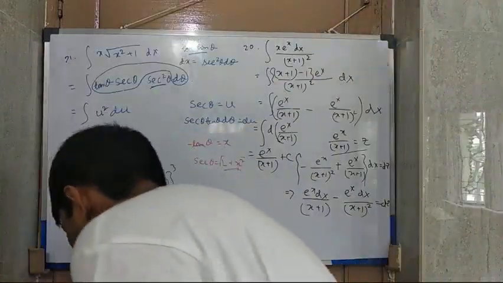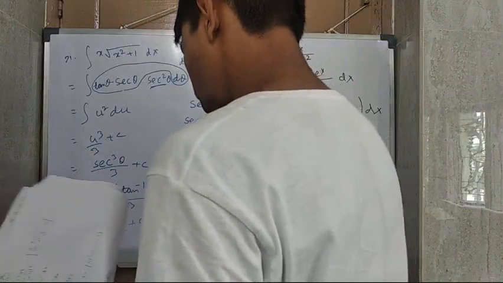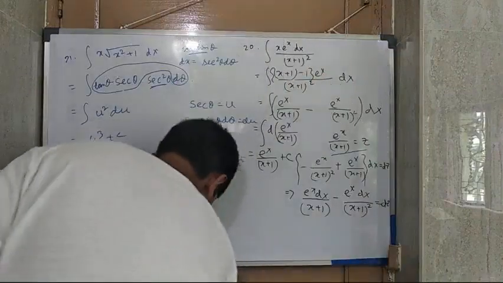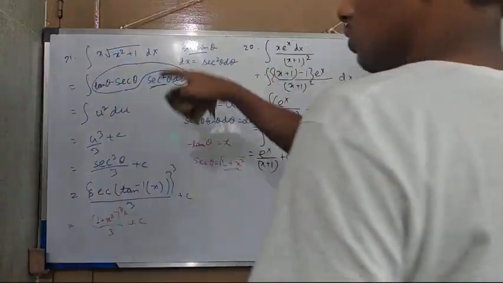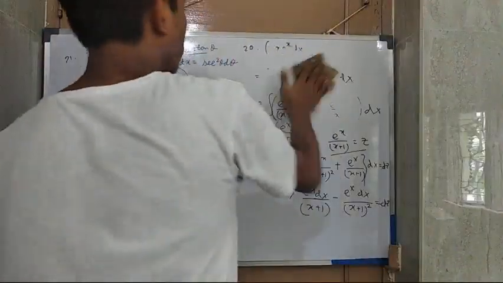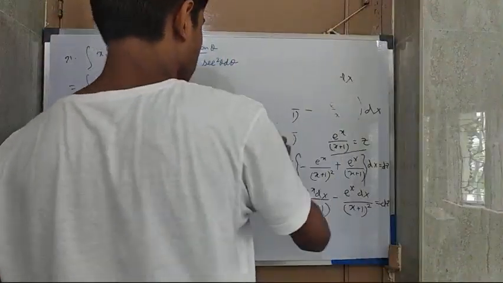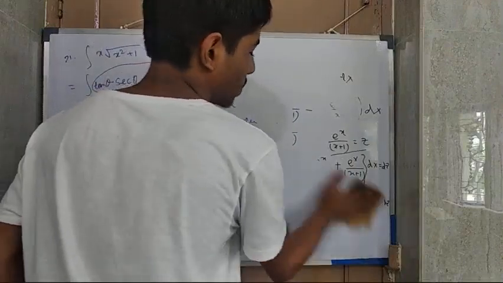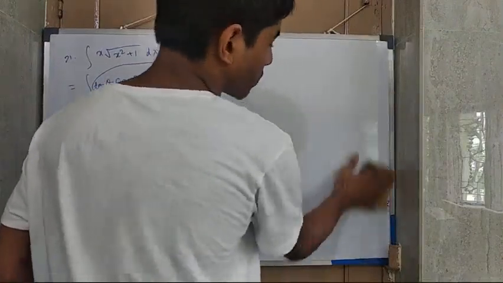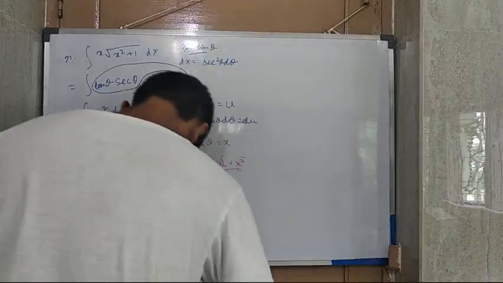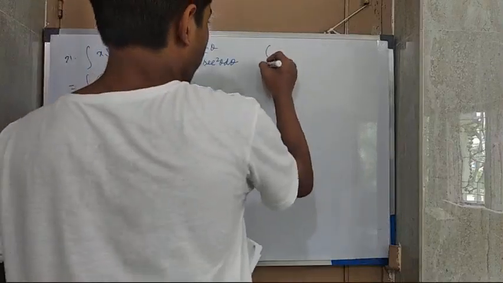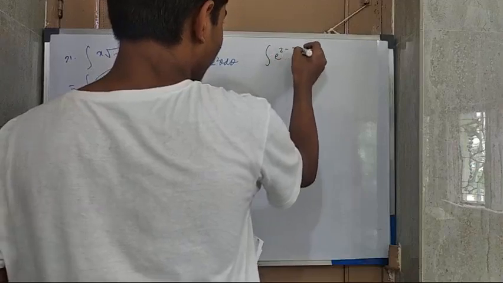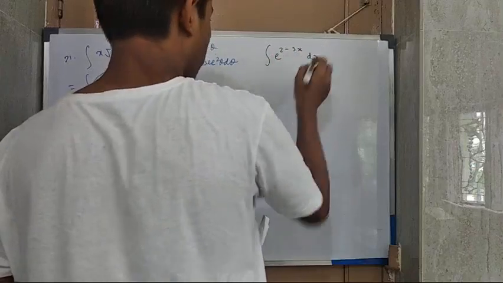Now let's proceed to the 22nd question, which is the integral of e to the power 2 minus 3x dx.